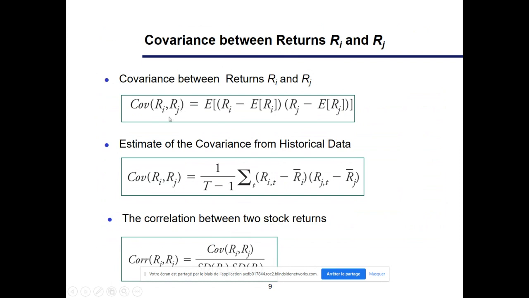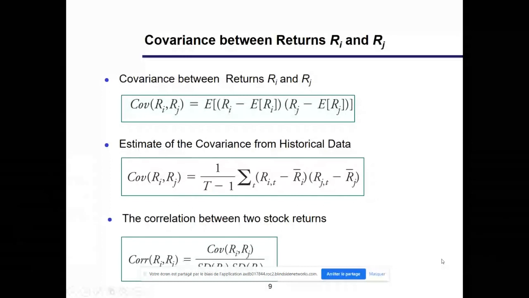The covariance is the product of Ri minus E(Ri) and Rj minus E(Rj), calculated based on your historical data. If you take the covariance of return I and return J divided by each standard deviation, we have something called the correlation.